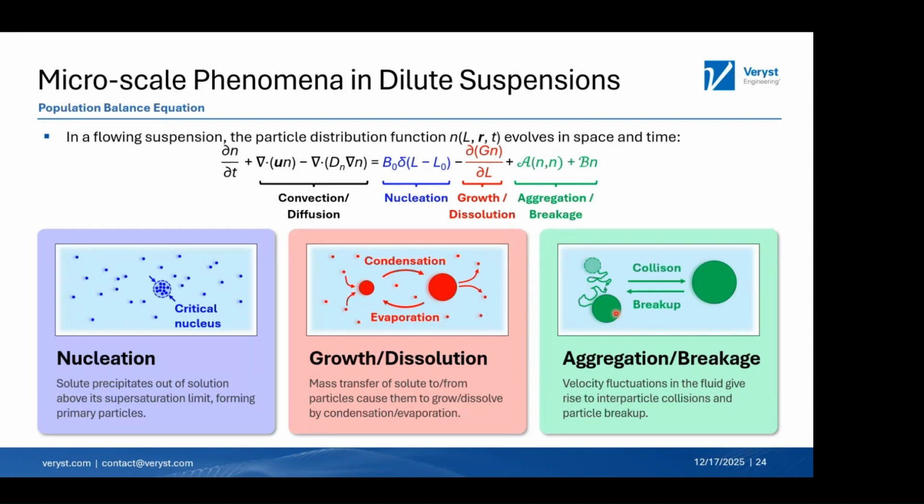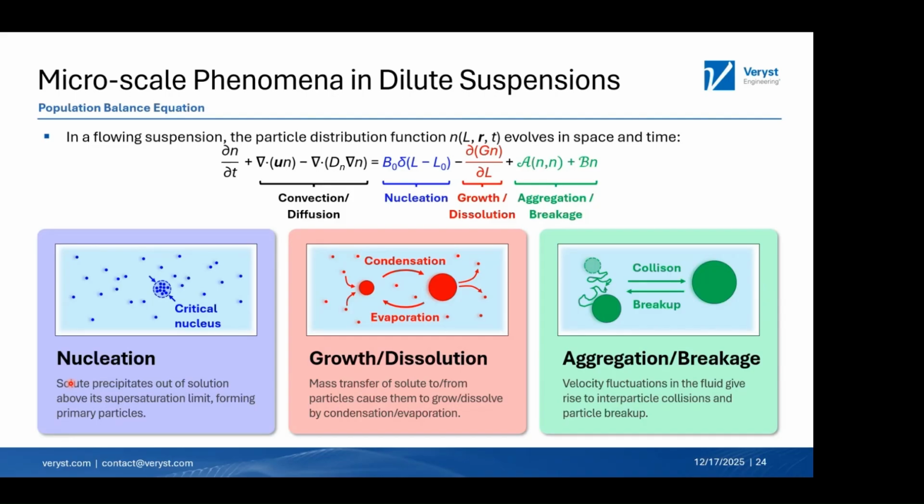Depending on the degree of fluctuations in the flow, particles might find each other and agglomerate, or if the flow is strong enough, they might break up. So those processes of aggregation and breakup are interparticle processes, whereas growth and dissolution and nucleation are really interactions between single particles and solute.